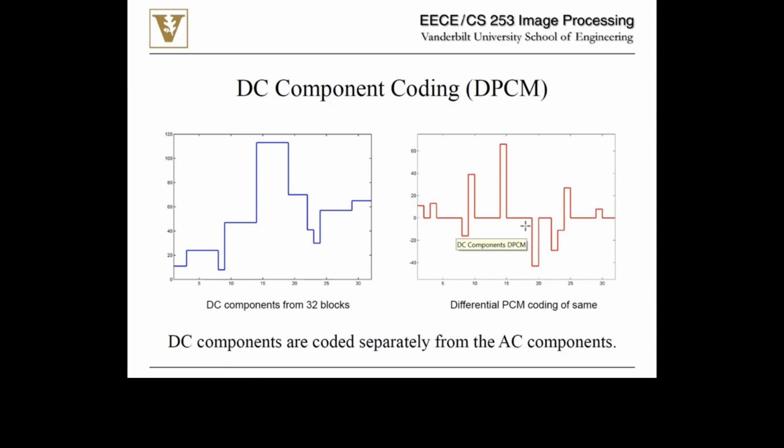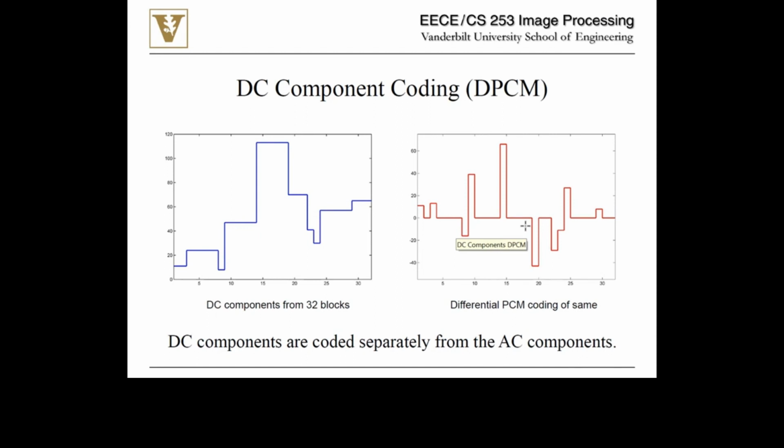Instead of sending you 15, 15, 15, and then 22, 22, 22, I send you the difference. So the first one will be 15, but then the next one will be 0, 0, 0. When you have 22, I have to send you 7, because it is the difference between the 22 that you have here and the 15 that you have here.